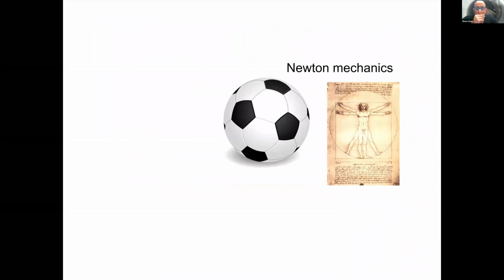So if you look at phenomena which are about our size, if you remember, an average person is about 1 meter, so phenomena in our comfort zone, we have one set of physical laws that were discovered 300 or 400 years ago by Isaac Newton, and we call that Newton's mechanics.